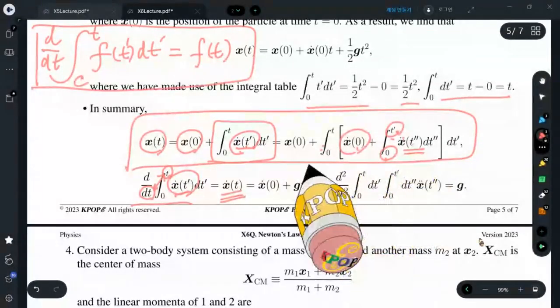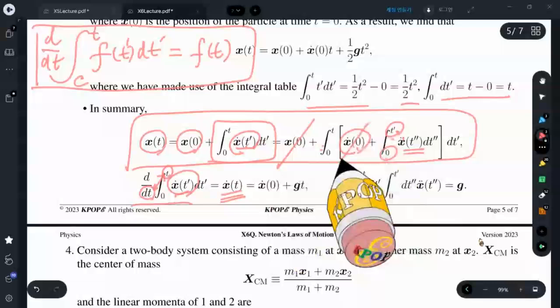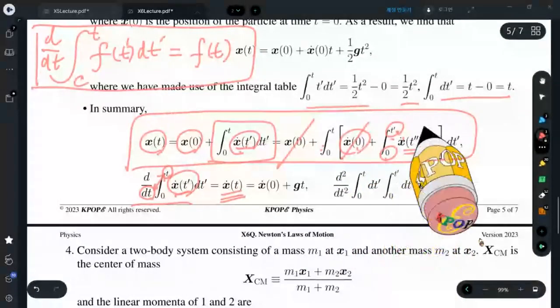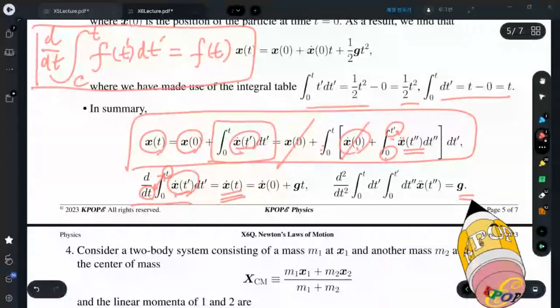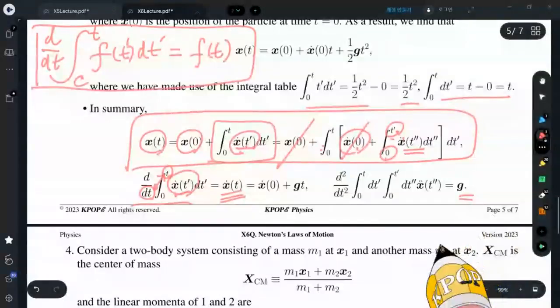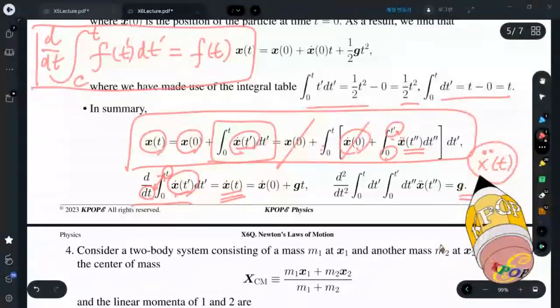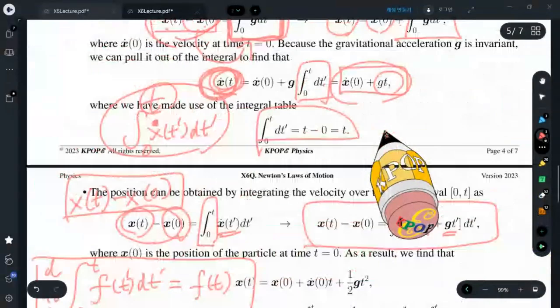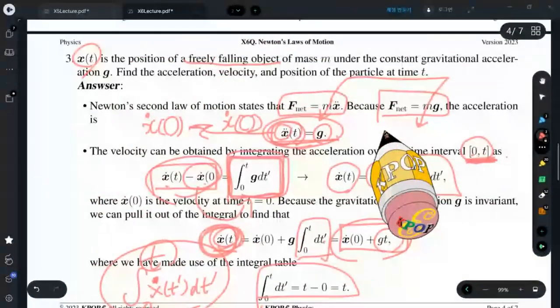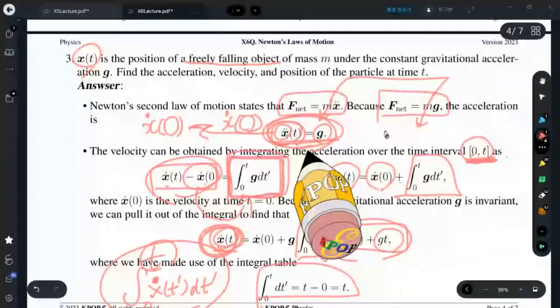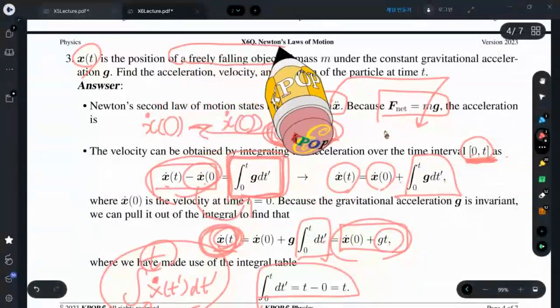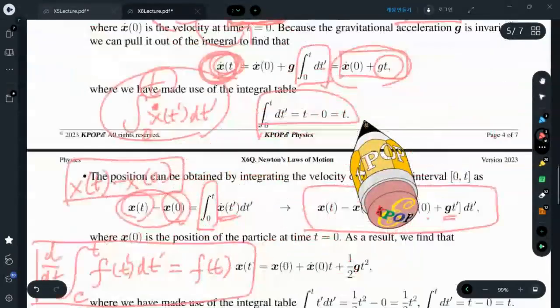This guy will be gone, and then the only thing that survives is acceleration. That is acceleration, but the problem says the acceleration is the gravitational acceleration because we are considering a freely falling object.